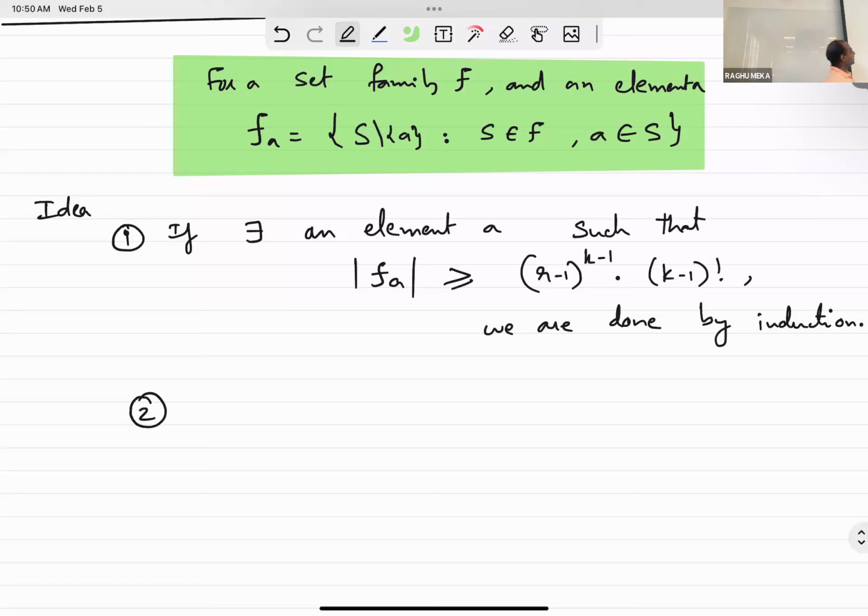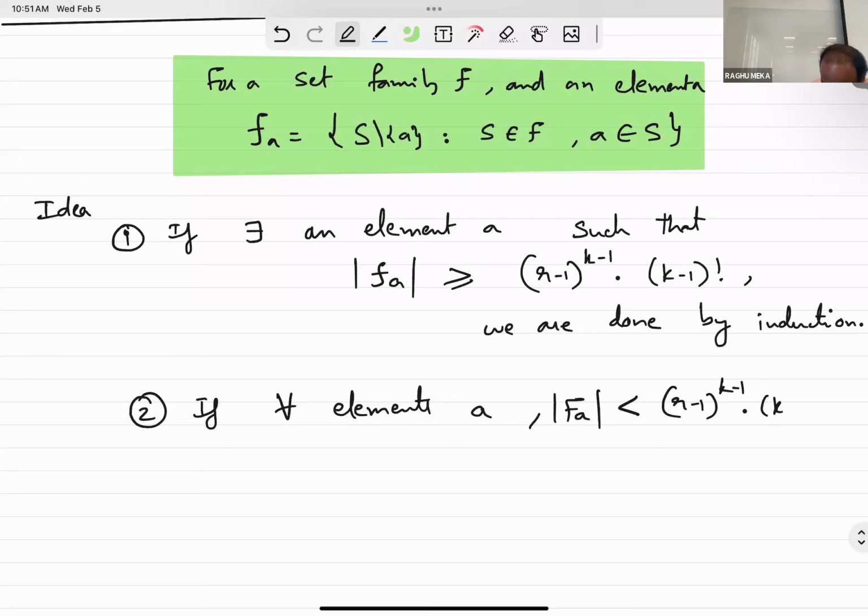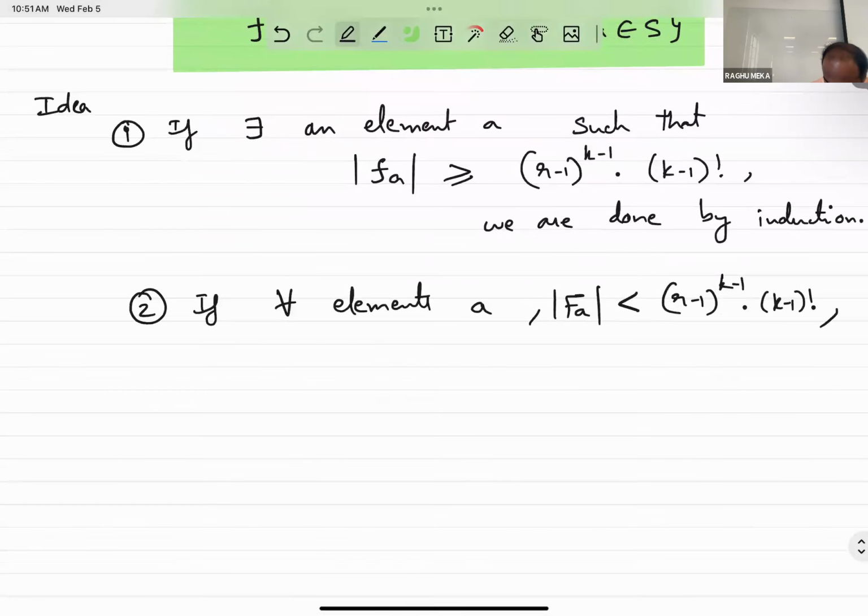If there exists an element such that the link, the set F_A, is big, then we're done by induction. Otherwise, we have to do something, right? On the contrary, if for all elements A, the size of F_A is strictly smaller than this, then F contains r disjoint sets.